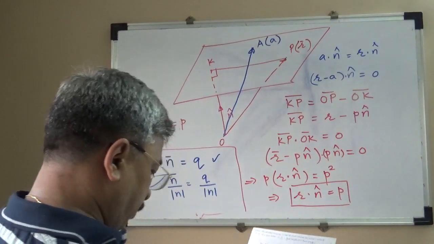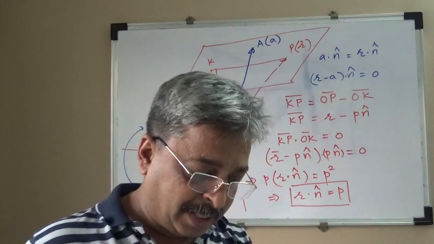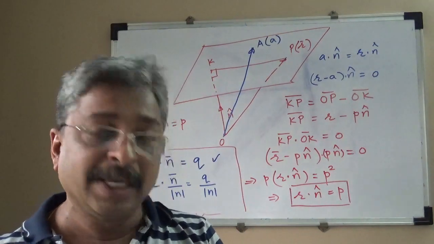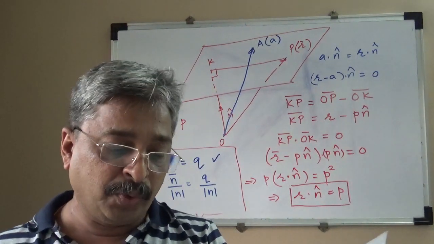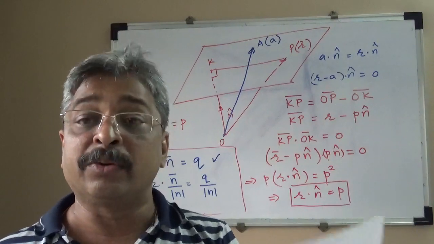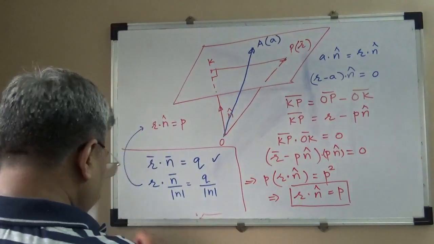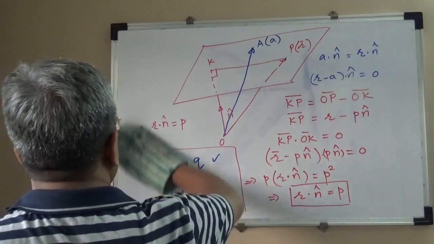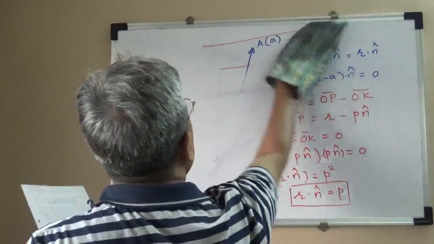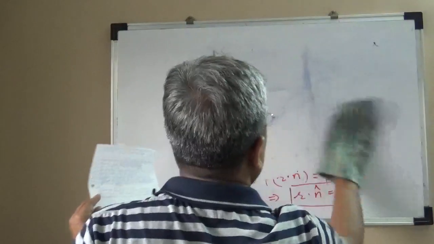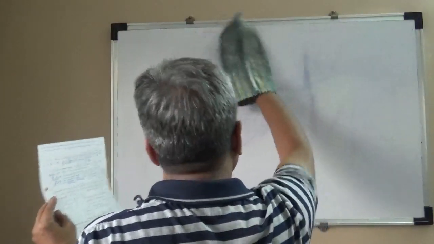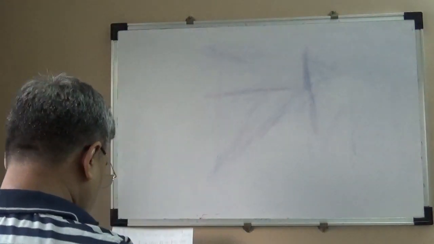So the problem: find the equation of the plane coaxial with the planes r dot n1 is equal to q1 and r dot n2 is equal to q2. Now we are developing the theory using general notation. It is not a specific plane or a line which is given to you, and this is in general happening.